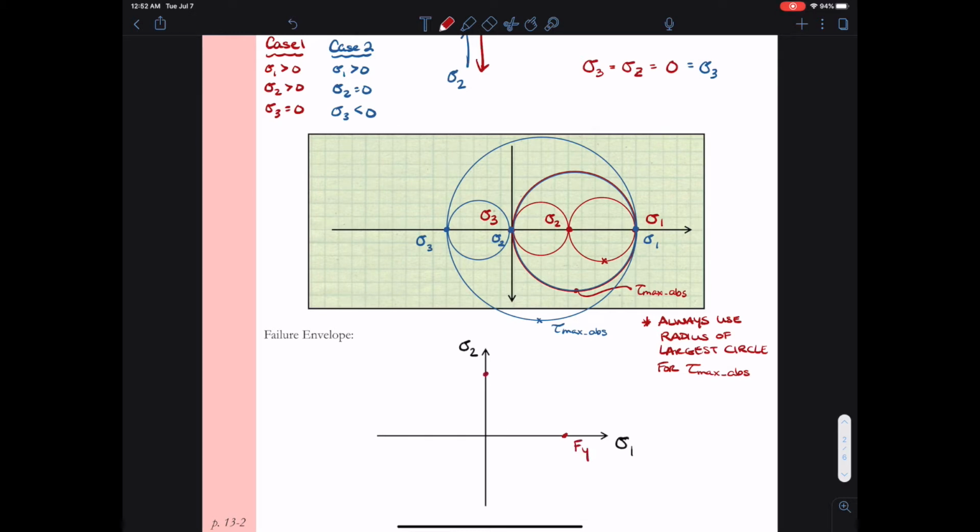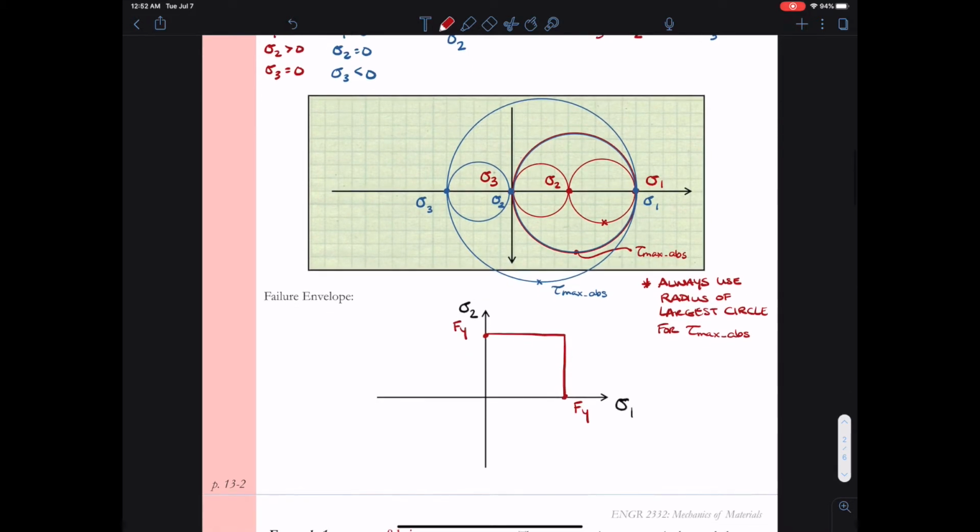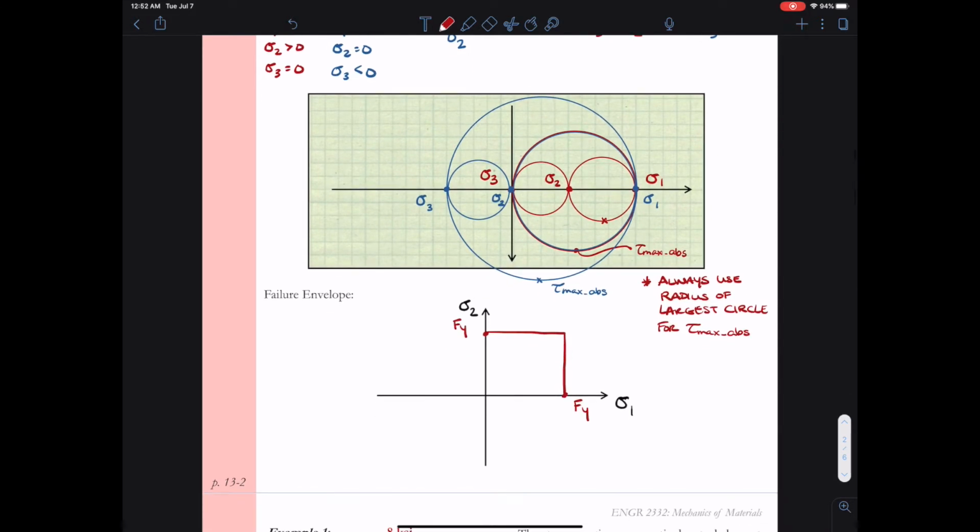If we look at the red circles above, we see that it doesn't really matter where sigma 2 is between sigma 3 and sigma 1. Because sigma 3 equals 0, tau max absolute always falls on the circle that connects sigma 1 and sigma 3. So we draw the failure envelope: when sigma 2 is positive, the failure looks like that upper red square.